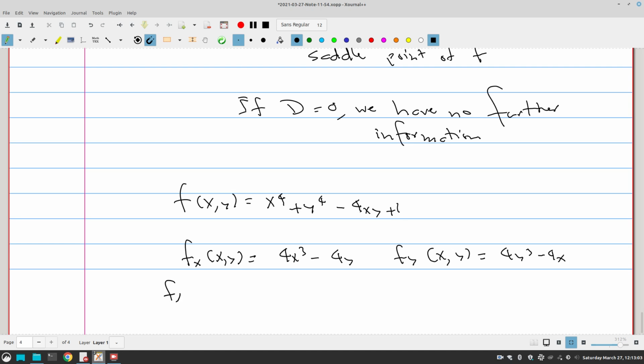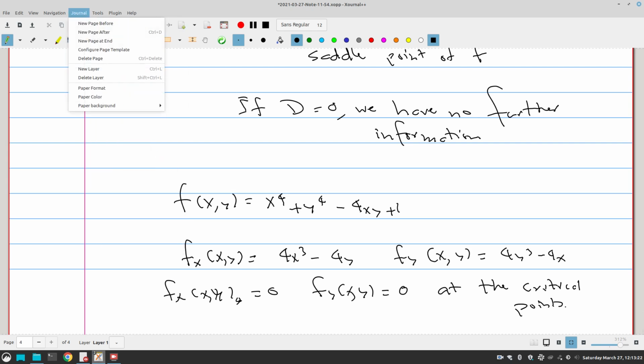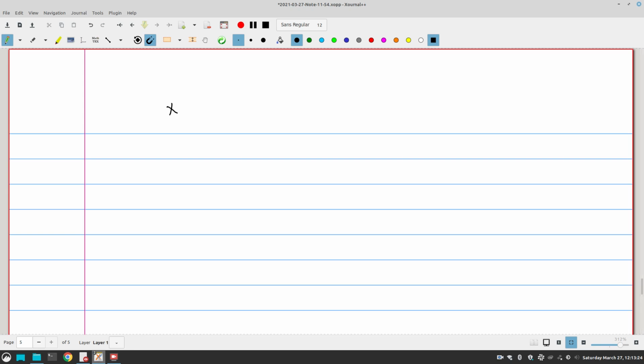So fx(x, y) equals 0 and fy(x, y) equals 0 at the critical points, right? So that tells me that y equals x cubed and x equals y cubed, right?